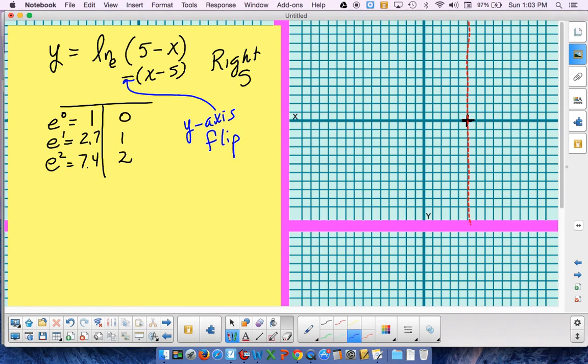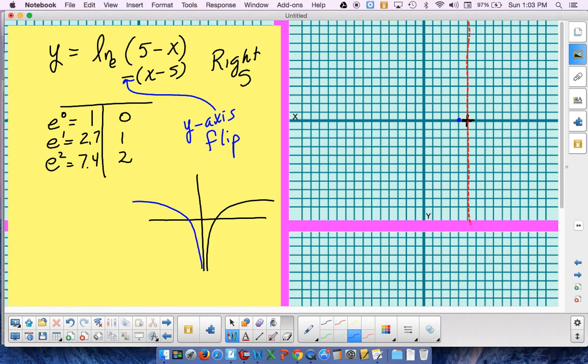So let's think about that in terms of our graph. If our normal logarithm comes up the y-axis and curves right, what's this baby going to do if it flips over the y-axis? It's going to come up the y-axis and curve left. So I think that's a much easier flip to do when it's flipped over the y-axis. Much nicer. So when it says plot 1, 0, we're going 1 left.